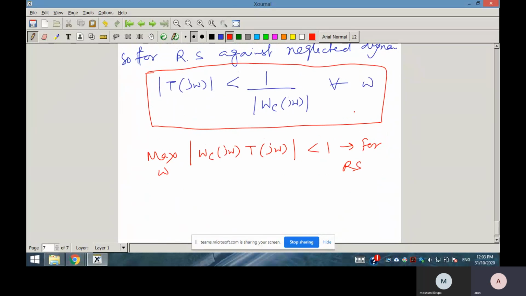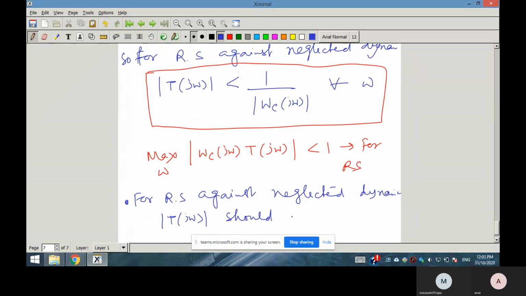So from this expression, for robust stability against neglected dynamics, what should one have? T j omega should be as small as possible.